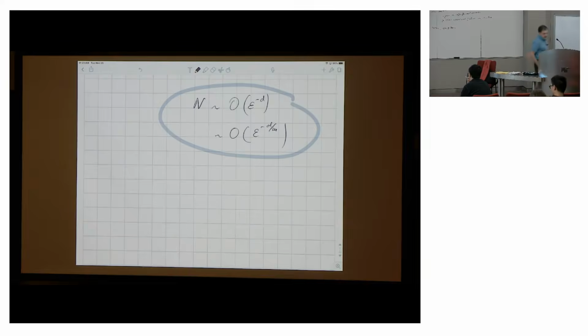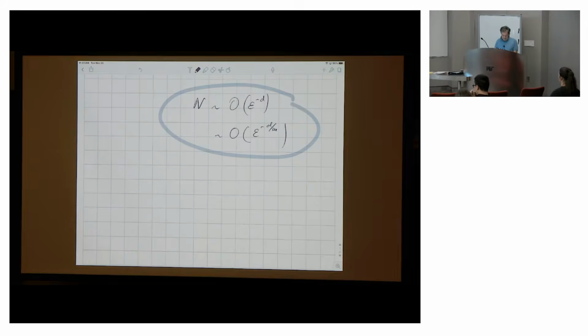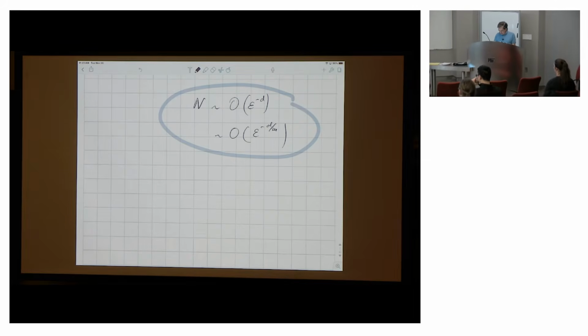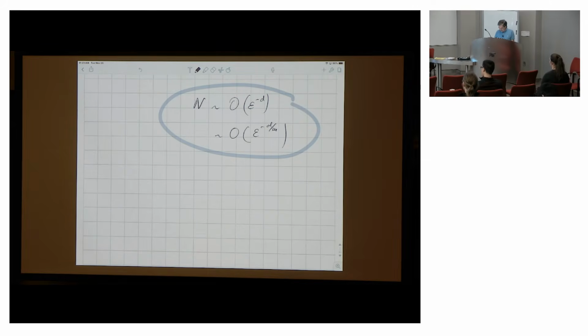For these functions, there are deep but not shallow networks for which the rate of approximation is linear in D.